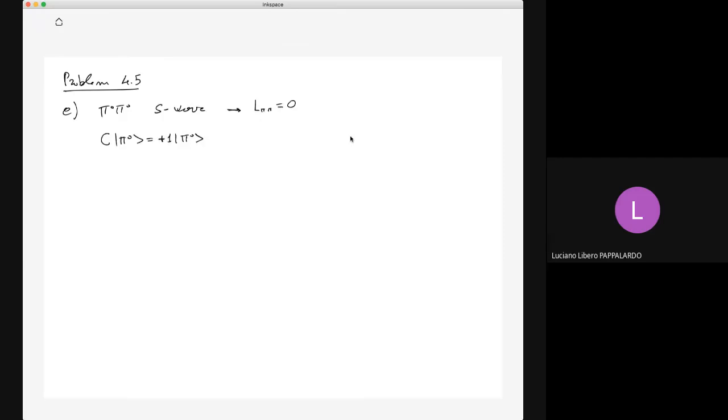Okay, this we have seen yesterday in the lesson. So now we have a system of two pions, and charge conjugation is a multiplicative quantum number. So the charge conjugation for the system of the two neutral pions is just the product of the two eigenvalues, that is plus 1 times plus 1, that is plus 1.